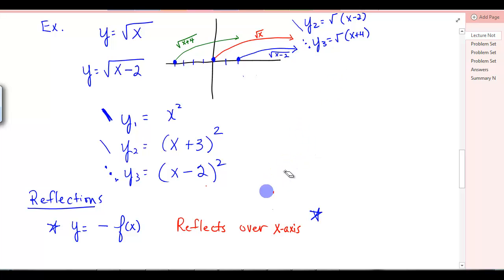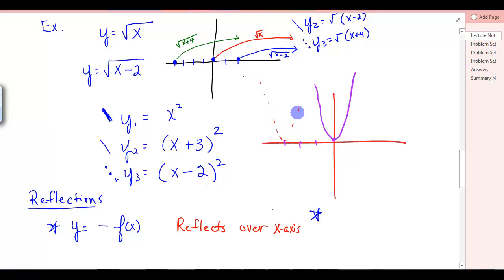Here's your basic x squared that actually hits there at 0. Plus 3 is going to go to the left 3. 1, 2, 3. And this one would be there. Minus 2 would go 1, 2. And we would be there. So the basic one shifting left or right.